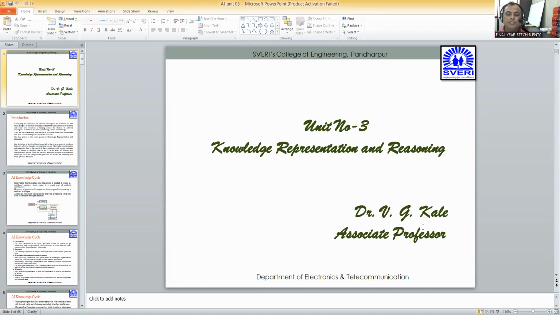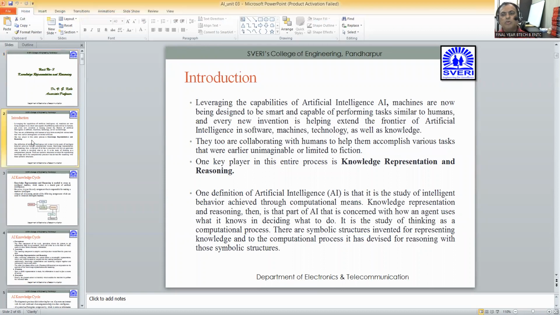So what is knowledge? What is knowledge representation? And then what is reasoning? And then we combine together knowledge, representation, and reasoning. Then this unit comes to be unit number 3. So now what we are going to see is step by step what knowledge is, what representation is, what reasoning is, and how they are used in artificial intelligence.